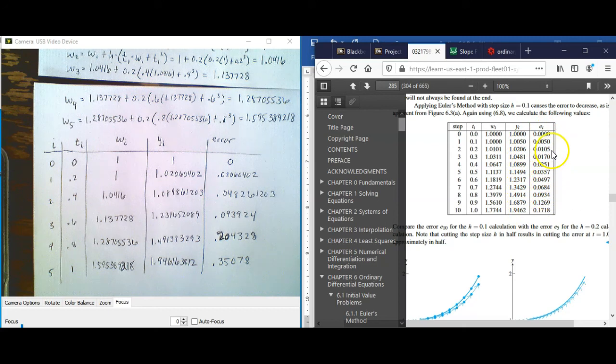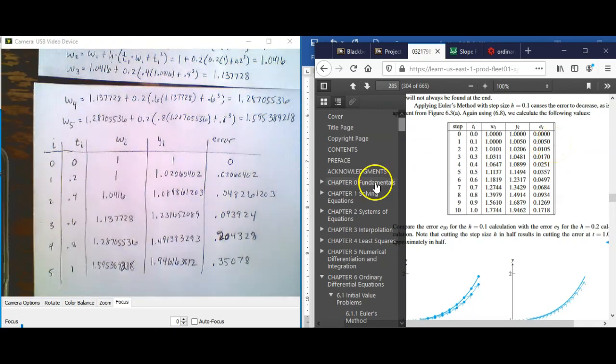Okay. So if you notice, on the first iteration, we get 0 error. On the first iteration after the initial one, 0.005. And that's at 0.1. Now if we look at 0.2, that was our first iteration here, right? Let's notice what's happening to the error. So here the error is 0.01 approximately.